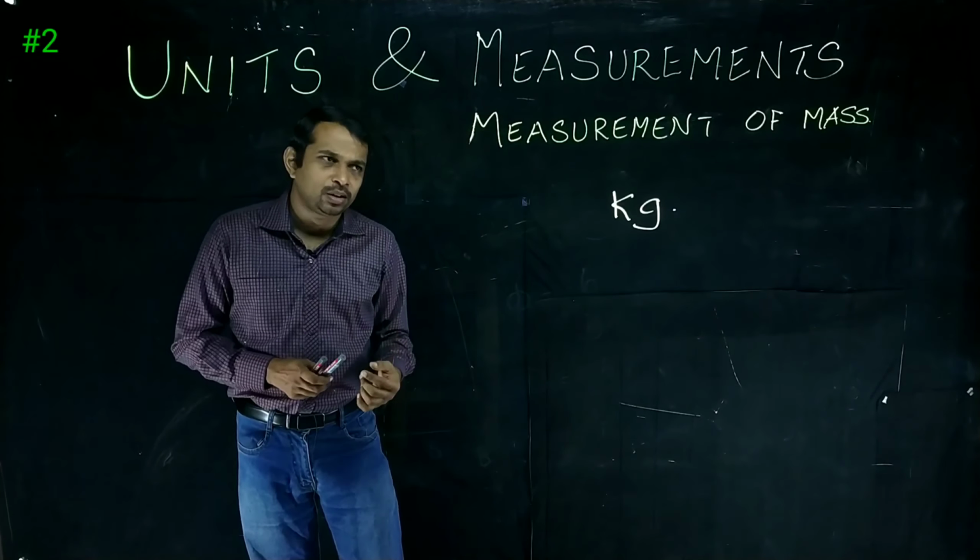That's it for the second video. Before stopping, let's have a quick recap on what all things we have discussed so far. We have studied how to measure large distances, the distance between sun and earth, the diameter of the sun. These two methods, how they are calculated we have discussed.